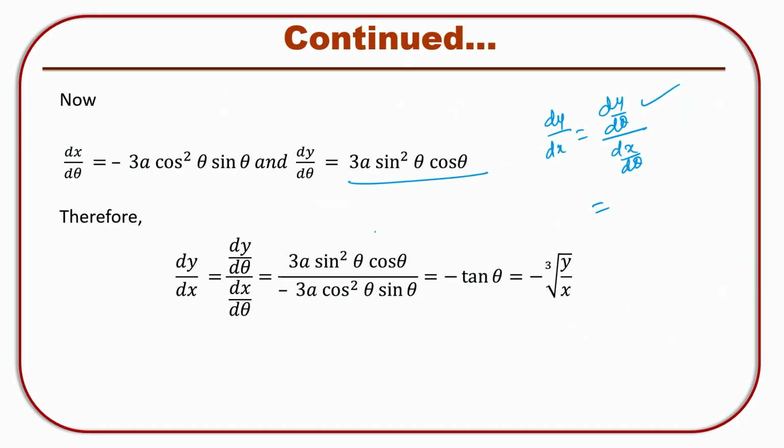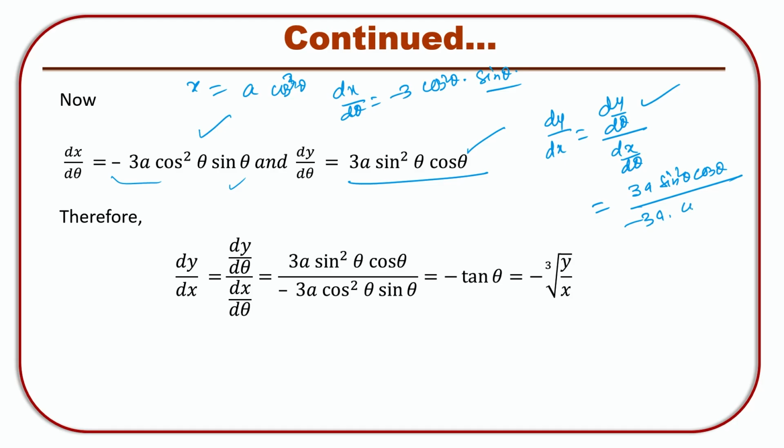So doing the same thing, this gives 3a sin^2 theta cos theta divided by minus 3a cos^2 theta sin theta.